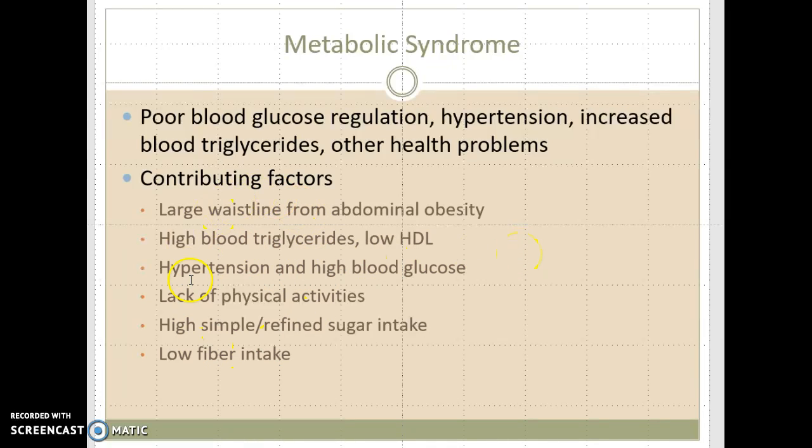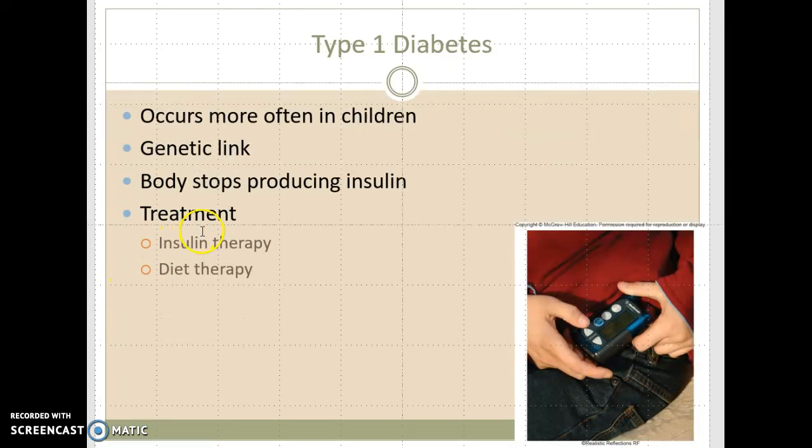So these are things for prevention, to try to prevent abdominal obesity, keep our blood triglycerides and cholesterol lower, try to prevent high blood pressure, and do this by having physical activity, eating more fiber and less simple sugars.